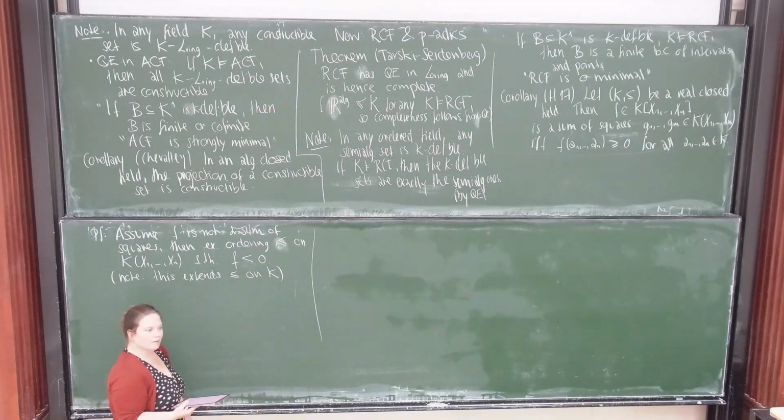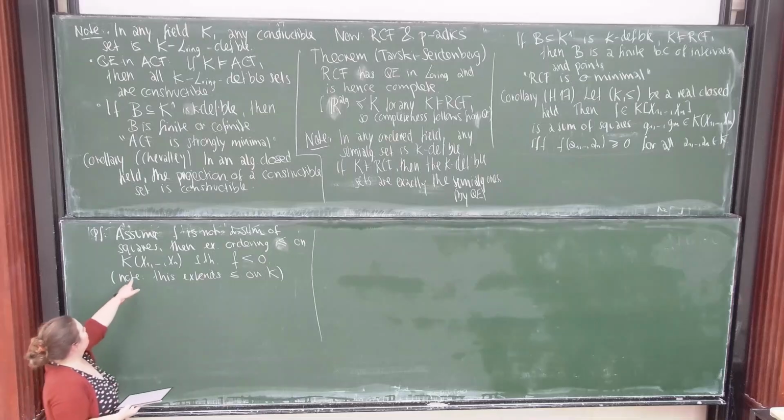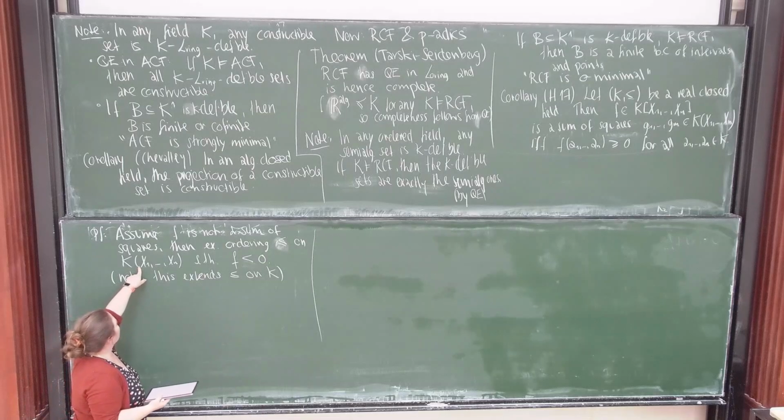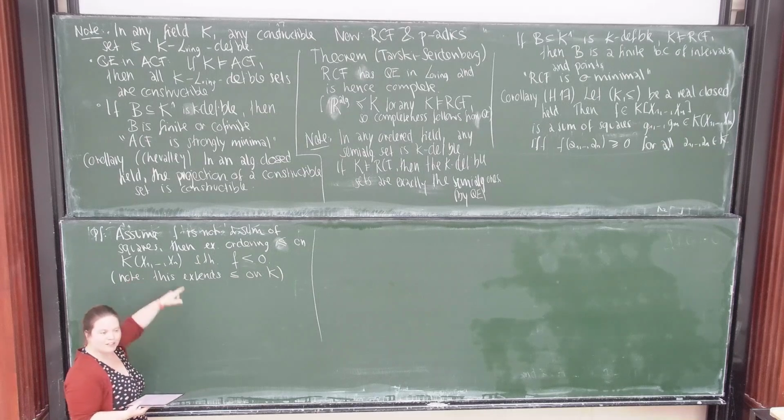What's an example of an ordering on such a field? Maybe you want to put all of x1 up to xn as positive, and then their additive inverses are negative, and then it turns out this will give you an ordering on k(x1, up to xn).